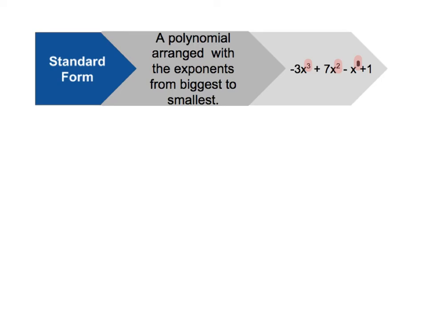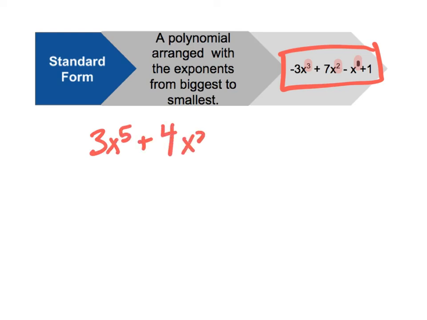This is the way that your answers should be arranged, biggest exponent to smallest. So you could have like 3x to the 5th plus 4x squared minus 2, and that would be in standard form. And I know it's in standard form because my biggest exponent is 5, my next biggest is 2, the last one doesn't have one.